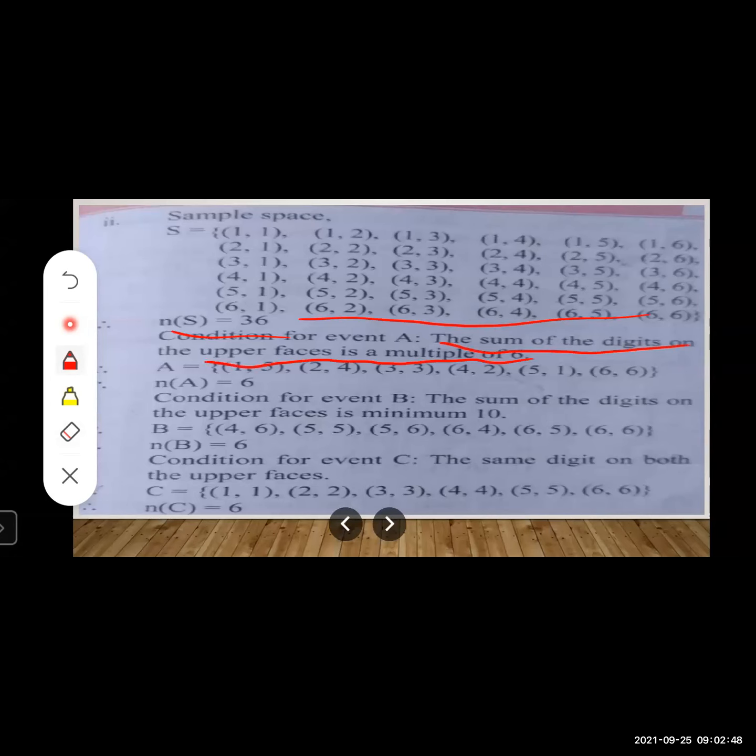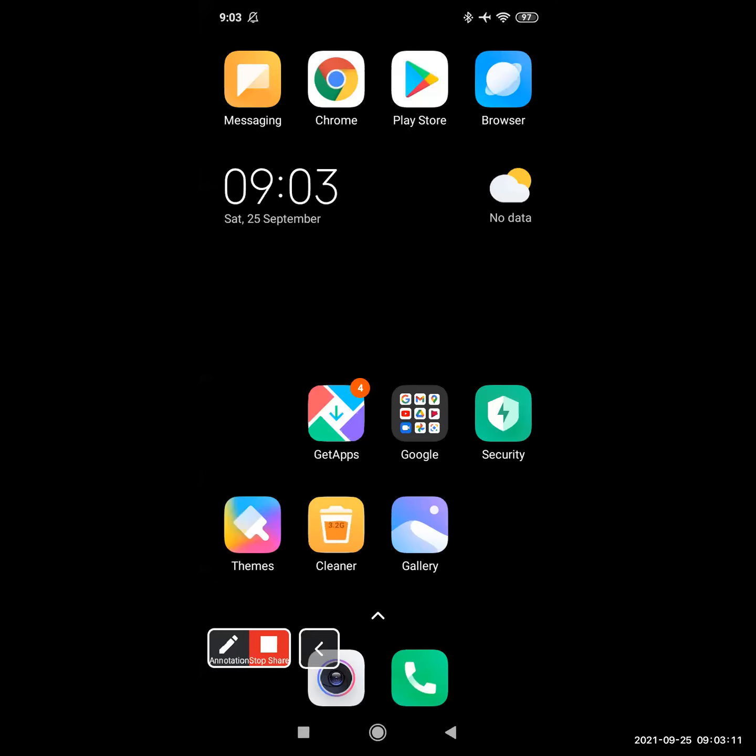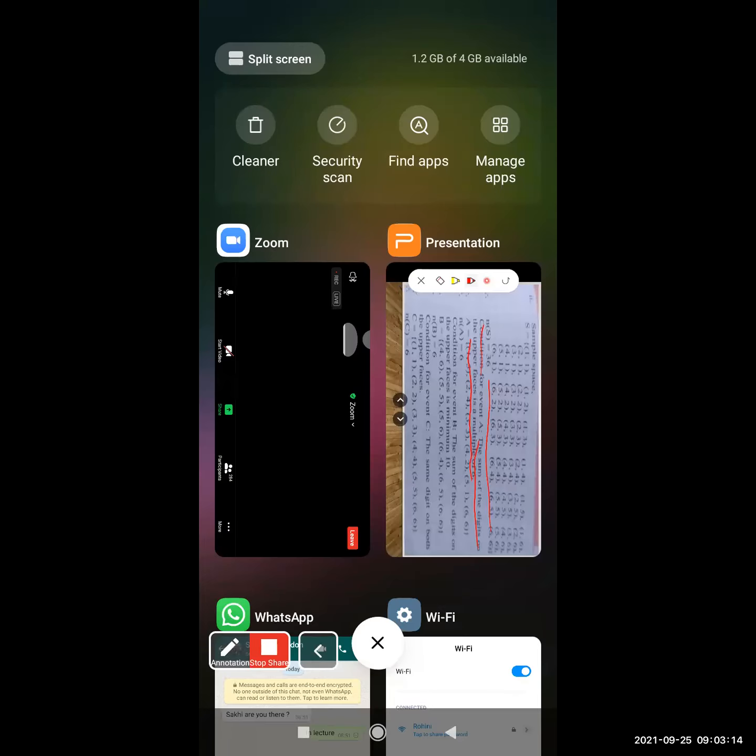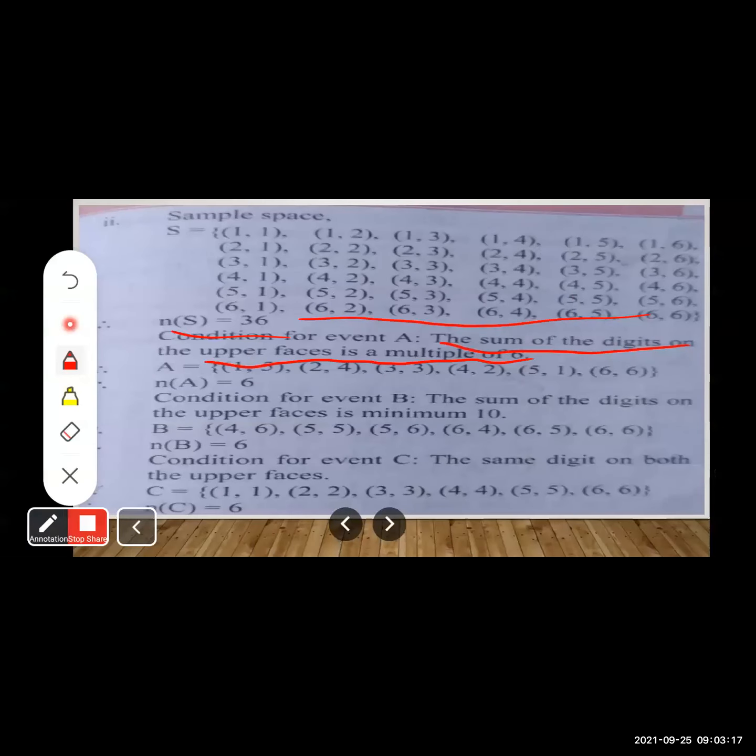So we have to choose our favorable outcomes.